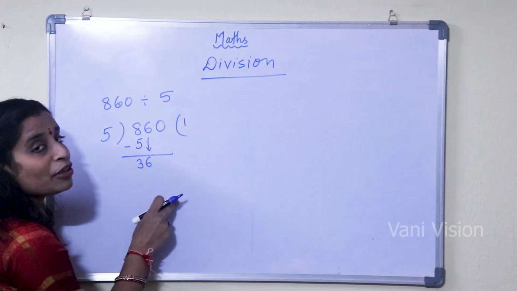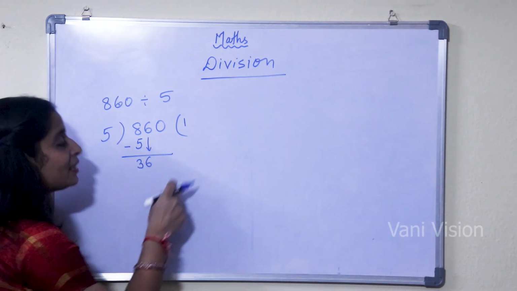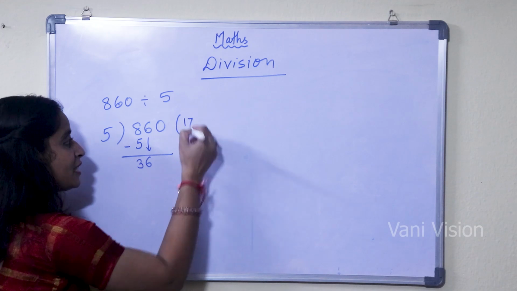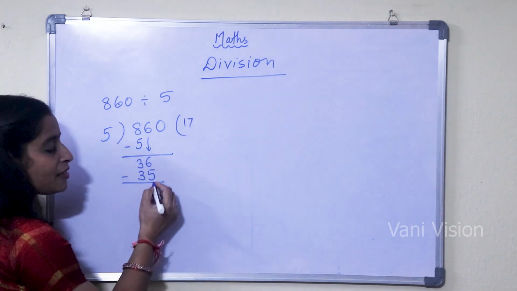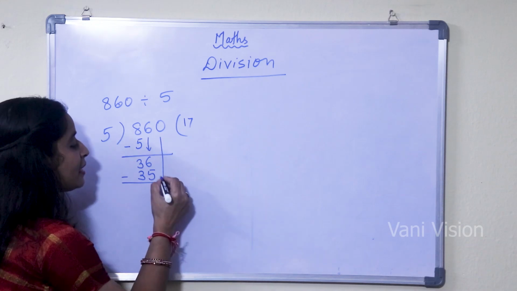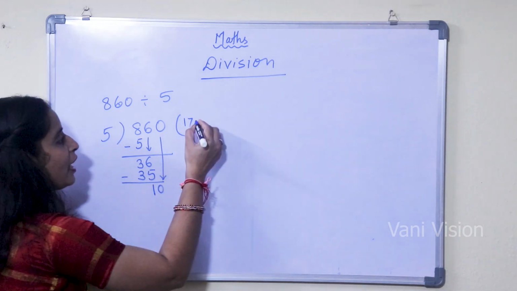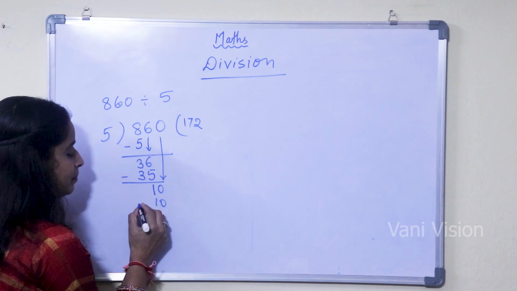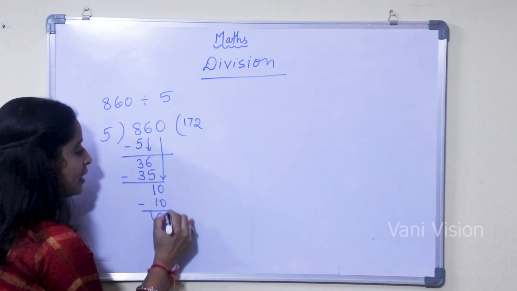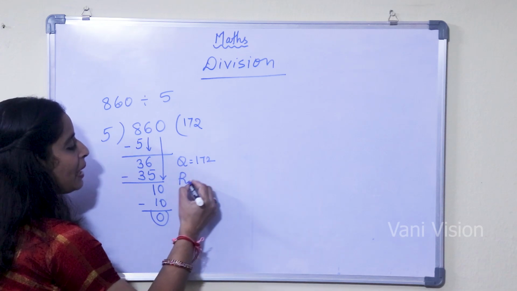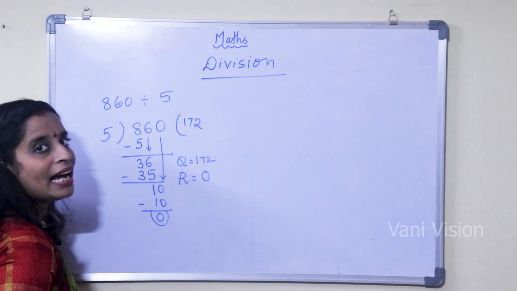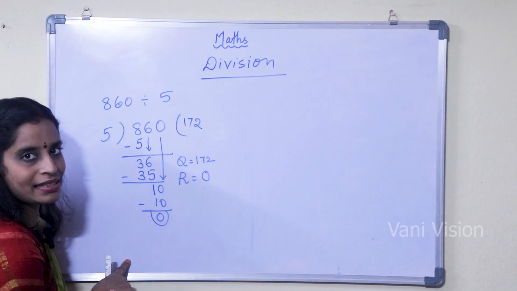We should know the table of 5 to do this division. Yes, 5 sevens are 35, and 6 minus 5 is 1. Bring this 0 down. 5 twos are 10. So your quotient is 172 and your remainder is 0. In this way we are going to do it.